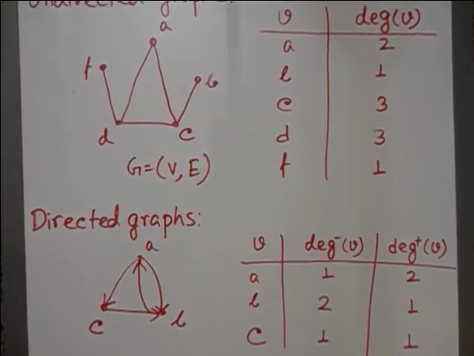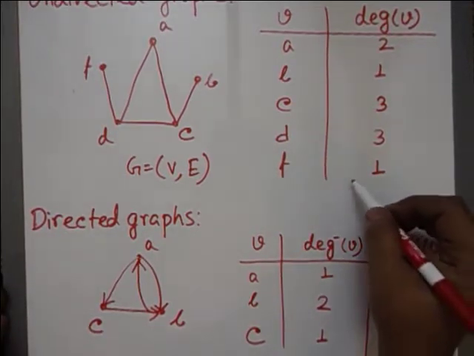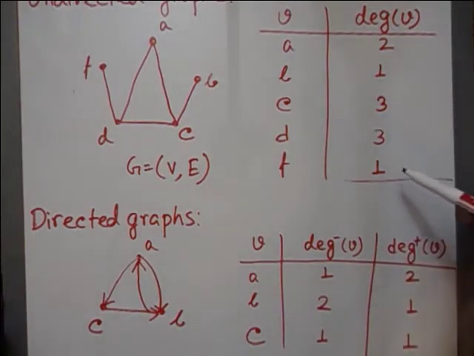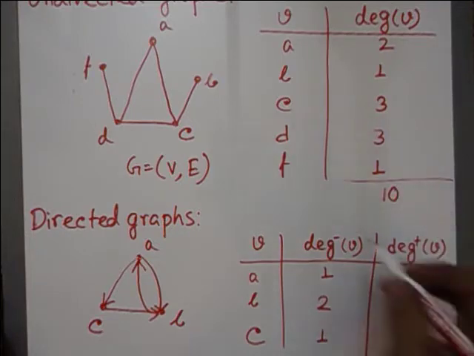If we check it, then we'll see how to prove it. Okay, so if we add all of them, 2 plus 1 plus 3 plus 3 plus 1 is 10.